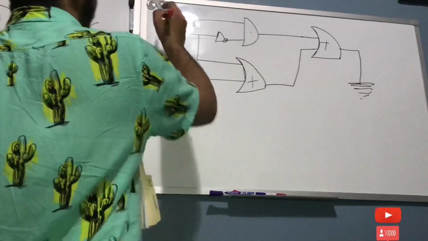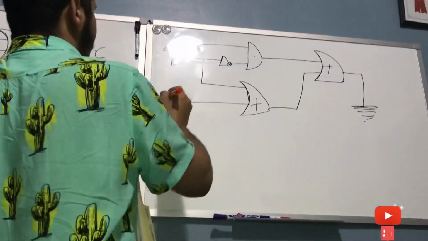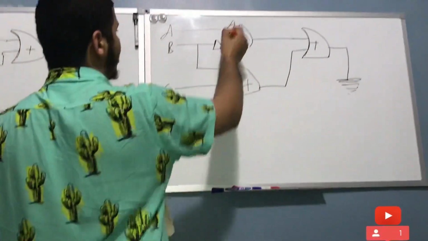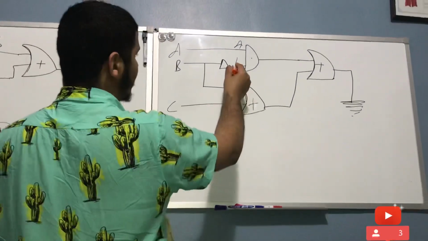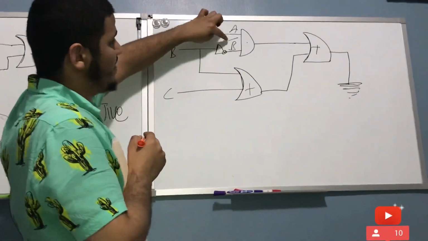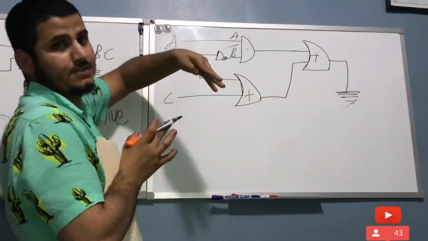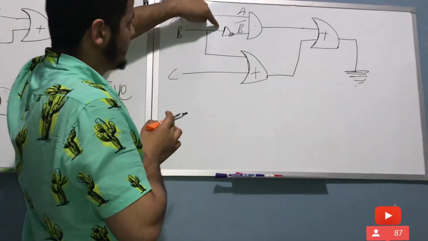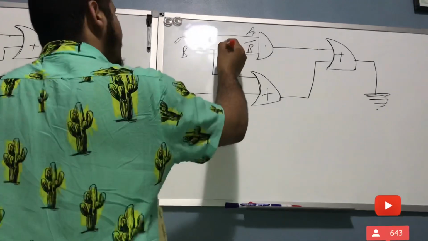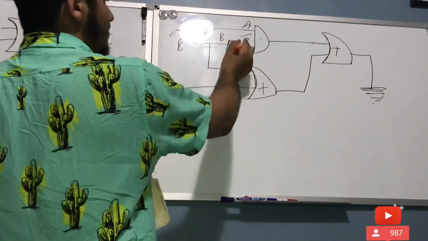Let's see here, we have A, B, C. Here we have A, and this one is B converted. That's the line for it, it already converts. Here's a B, and here's a B converted. See the difference? There's a B, and the B converted.